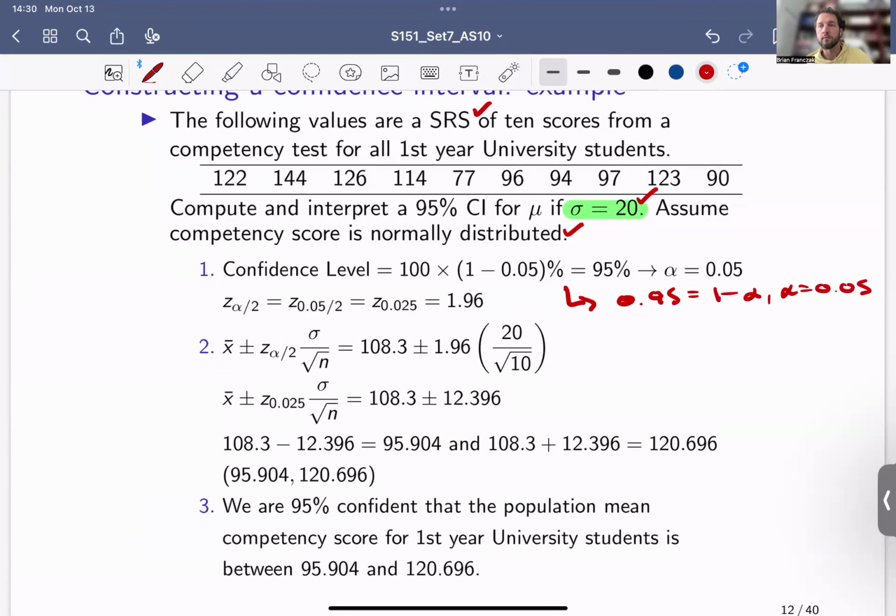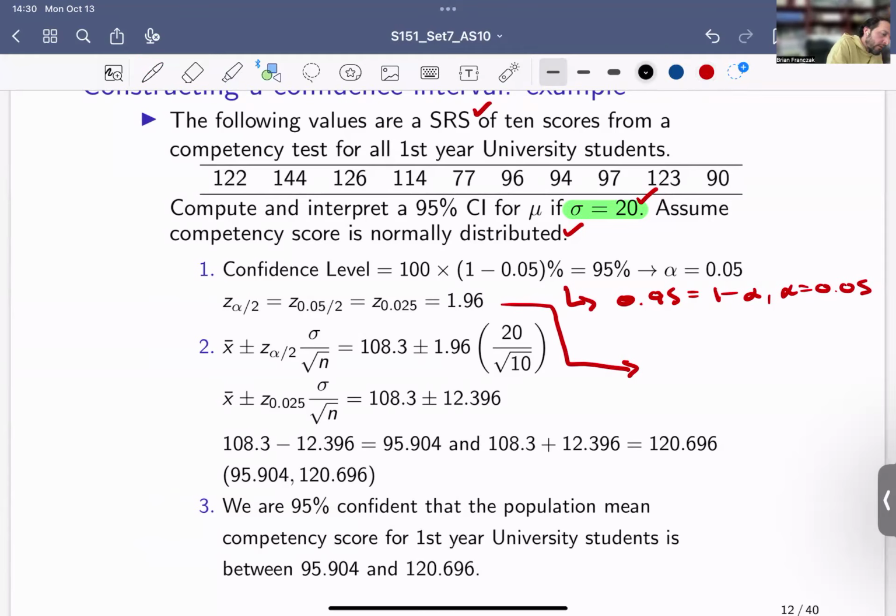Alpha is the complement of the confidence level, as a decimal, not as a percentage. So the z-score, which I will write over here, is z subscript alpha over 2, which is z subscript 0.05 divided by 2, which is z subscript 0.025.